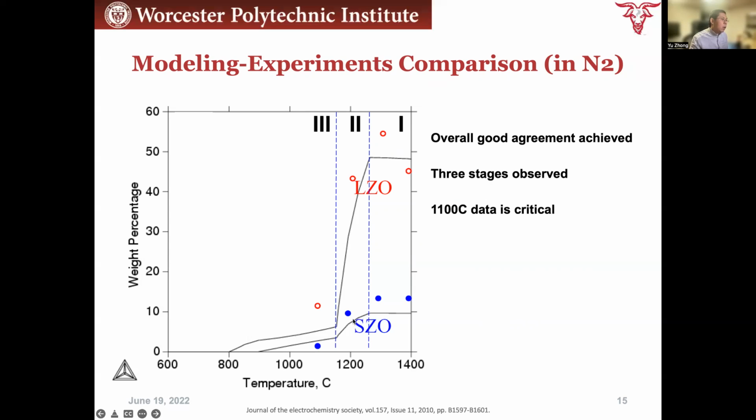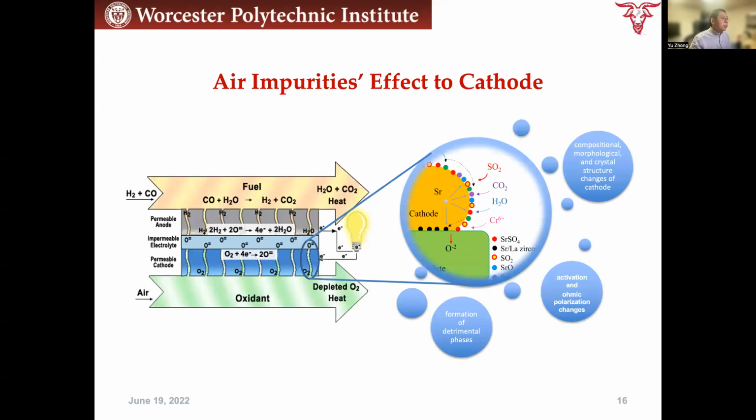So there are three stages there. We did experiments, and it confirms that our prediction of the trend is reliable. So with this, we can make predictions, like how to optimize the cathode and the electrolyte, and figure out how to control the formation of LZO and SZO. That will reduce the degradation.